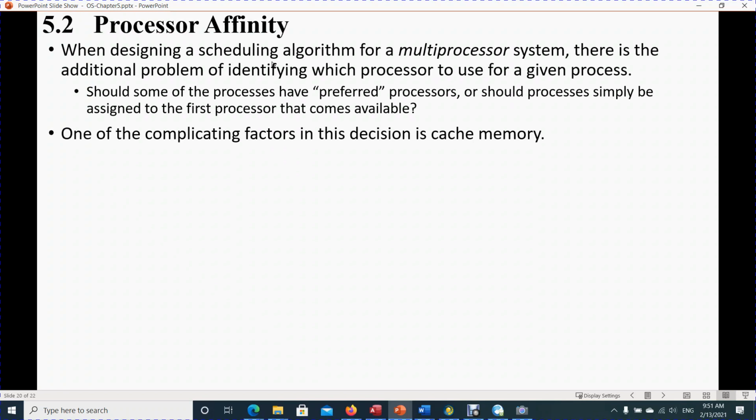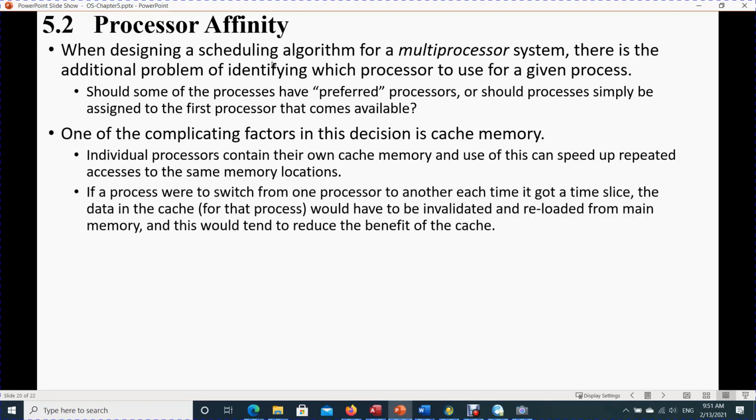One of the things that complicates this decision is cache memory. Individual processors have their own cache memory, and this is faster than other memory. Use of the cache associated with the specific processor can really speed up accesses to these memory locations.